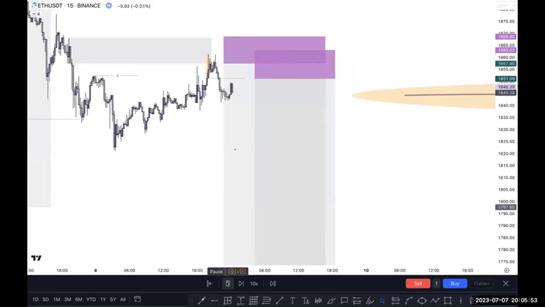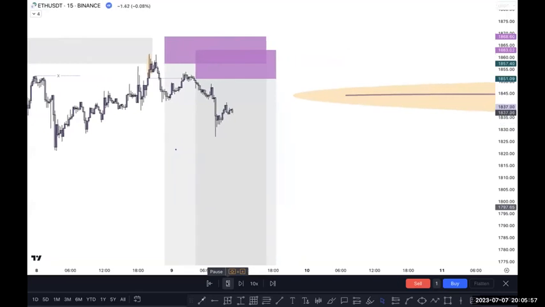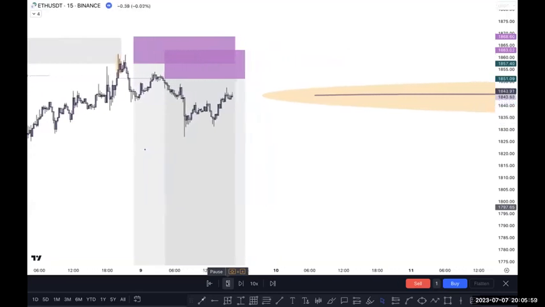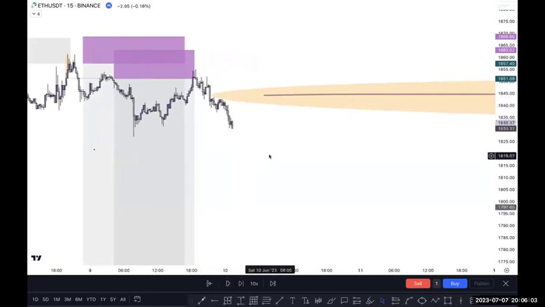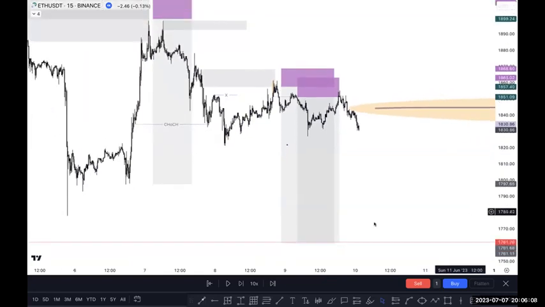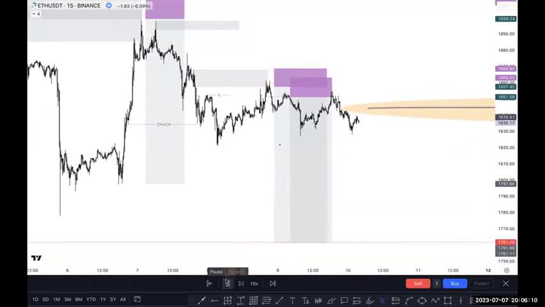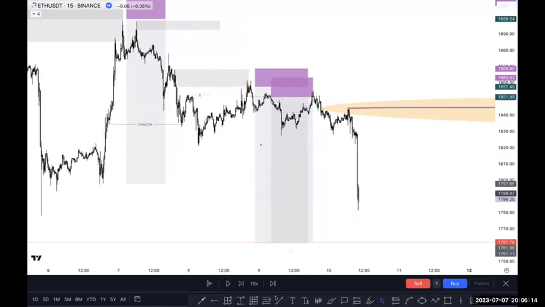You have to wait for it to mitigate this one and push downside. All right. And you can use multiple entries until this low is broken.